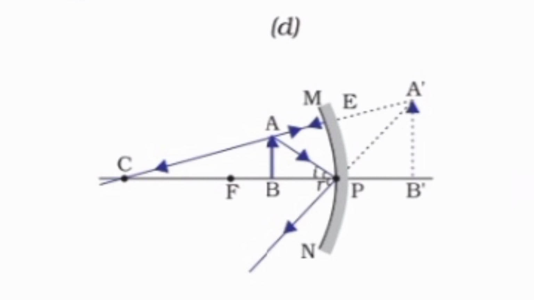We observe that both the reflected rays are diverging. It means that they would have met at some point. Hence, we extend both the reflected rays behind the mirror. We see that the reflected rays form an image behind the mirror. Thus, we can say that the image is formed behind the mirror, which is enlarged, virtual and erect.